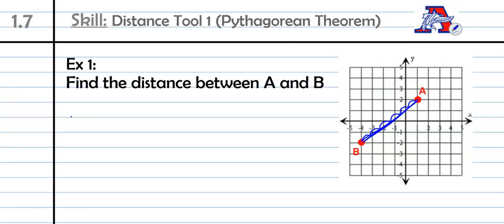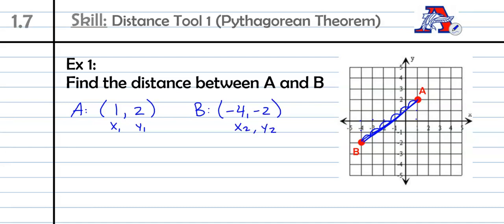Now, once we get started, we need to list our points. So A is located at, let's see, over 1 up 2. So 1 comma 2. And remember, we want to label those x1 and y1. And then point B is located left 1, 2, 3, 4, and down 2. So -4, -2, and that's going to be x2, y2.